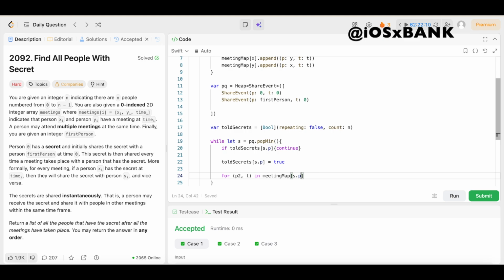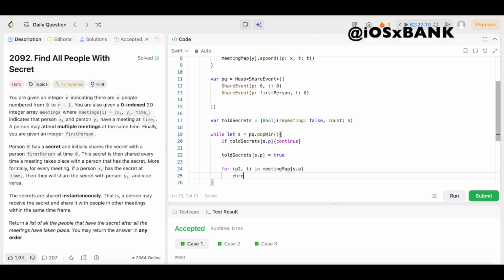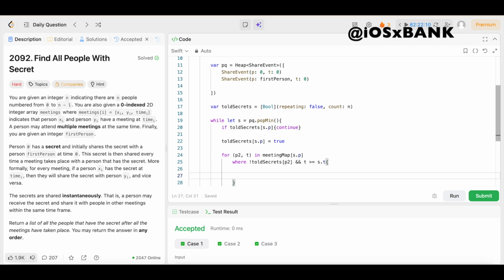So we're going to come underneath this, and we're just going to say where, exclamation point, toldSecrets, square bracket, p2, come outside of that, and two ampersands, t is less than or equal to s dot t. We're going to open up the brackets. Boom.